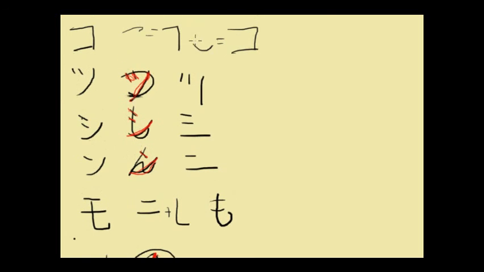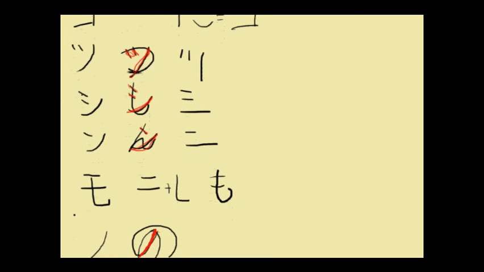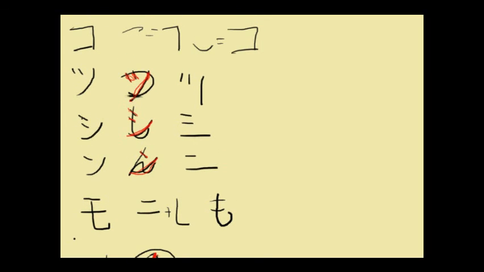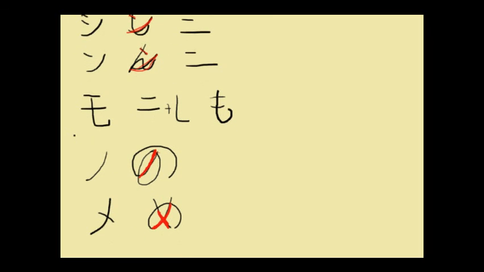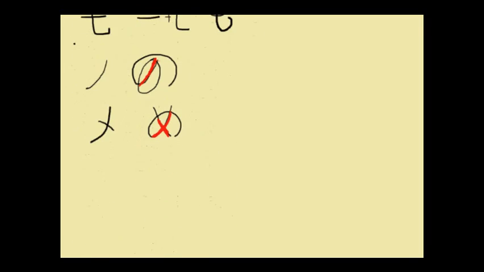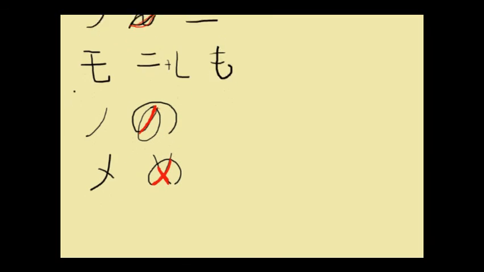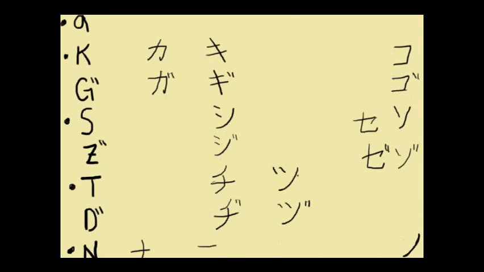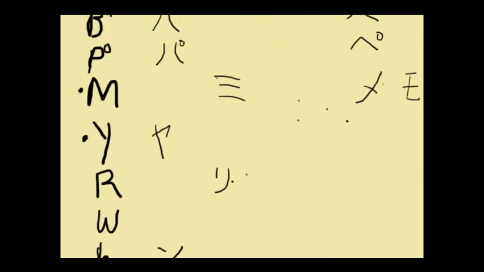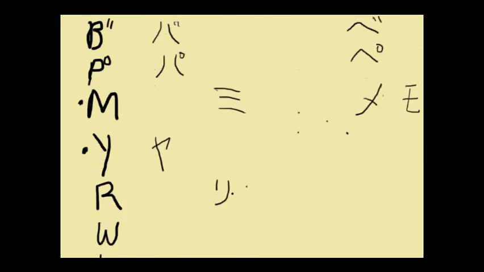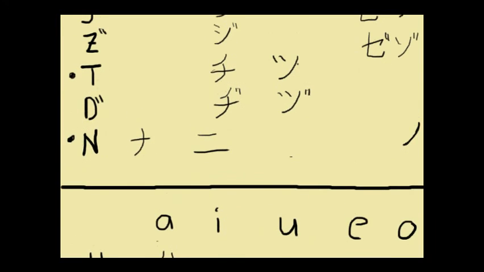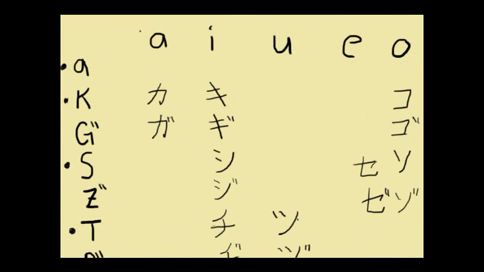So ko followed, if you blink or look sideways, kind of follows the same stroke order as ko, tsu, shi, I also wanted to remind you about so in there, and mo, no, and me. And as you can see here, we're filling in more and more of these characters. I think it should be 6 plus 4, about 17 characters. We'll add about 27 over the next 3 lessons.